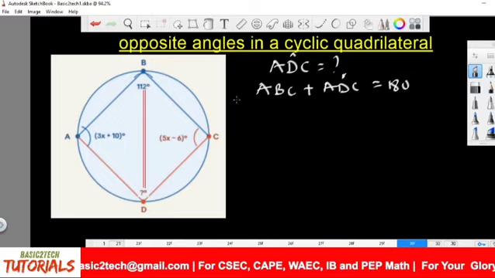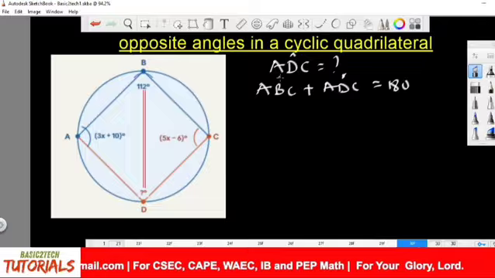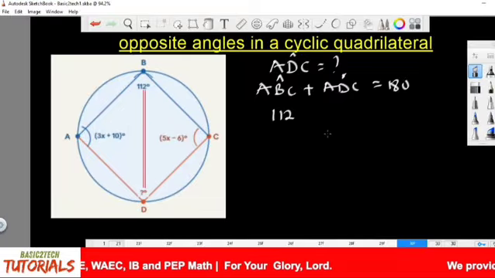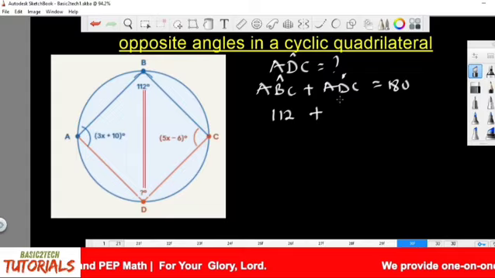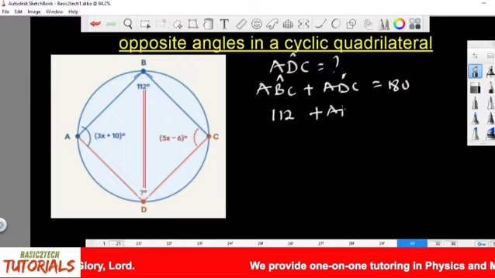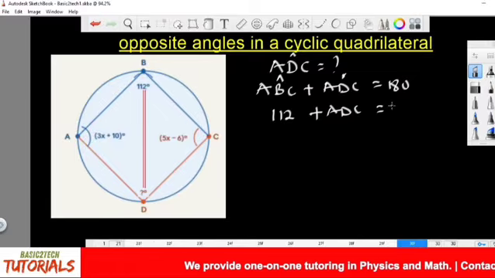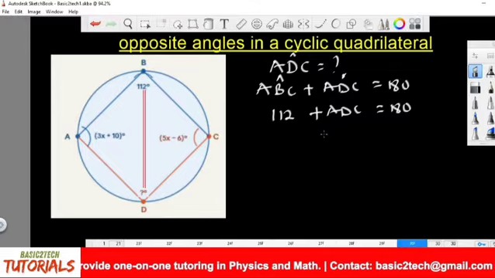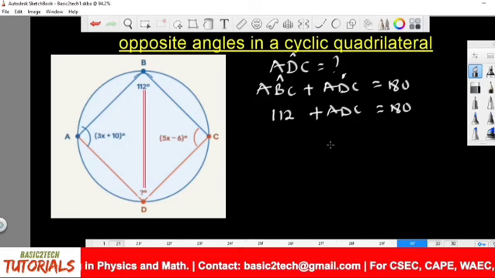So angle ABC, the angle at B, is 112, plus angle ADC is unknown, equal to 180 degrees. Remember, opposite angles in a cyclic quadrilateral are equal to 180.